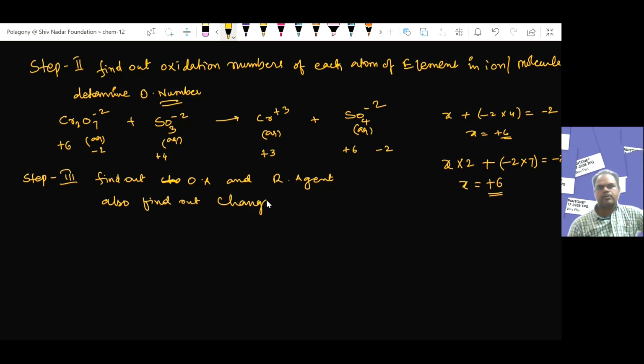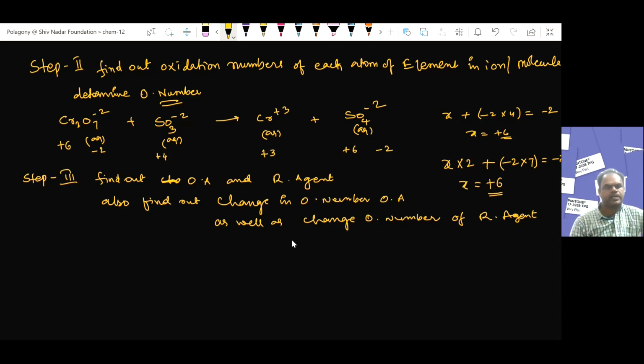So after finding the oxidizing agent and reducing agent, we must also find out the change in oxidation number in the oxidizing agent, as well as the change in oxidation number of the reducing agent.